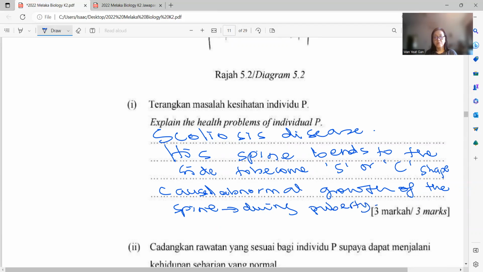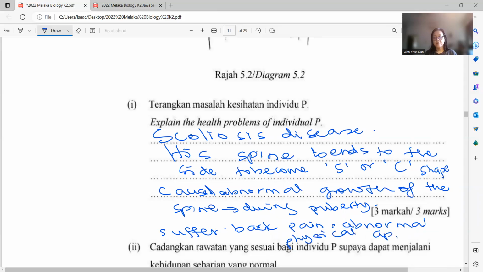So the person will suffer back pain or abnormal physical appearance.